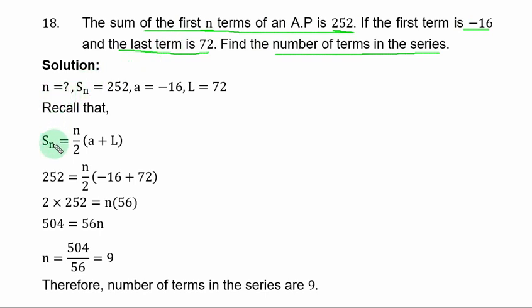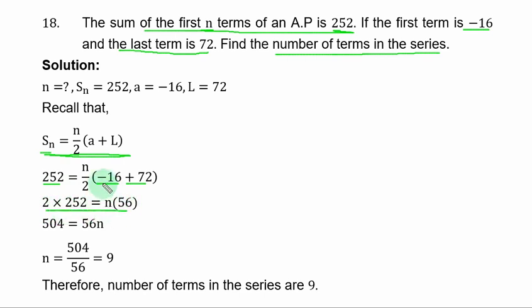So we are to use the second version of the sum of terms formula, where S sub n is equal to 252. n is unknown, over 2, times (first term minus 16 plus last term 72). Multiply through by 2 to clear the fraction, you have this result.